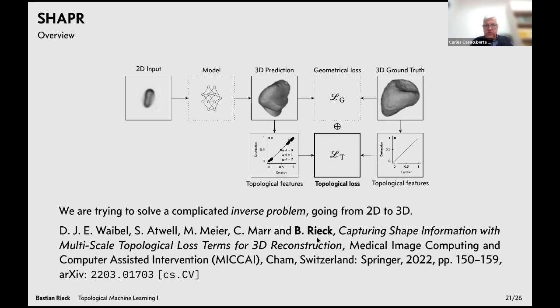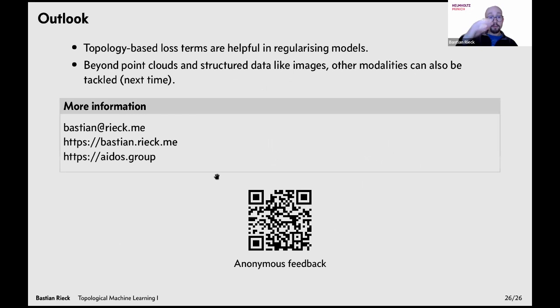Some people are asking whether there is a Python notebook to make it more practical for the autoencoders and SHAP, or is there a GitHub for the code? There is GitHub for all the code. If you look at either my website or my group's website, eidos.group, you will see that for all the publications, we try to have a link to the code so you can directly click on those.